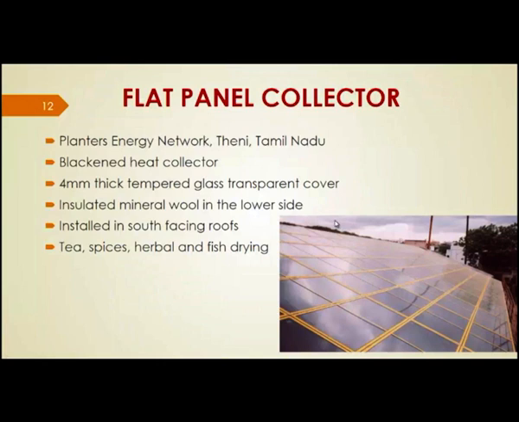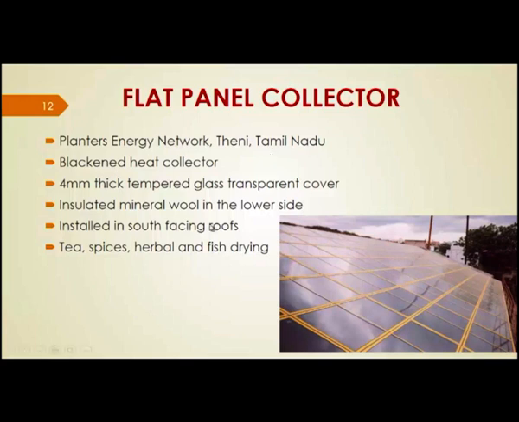Next one is flat panel collectors. Planters Energy Network in Theni, Tamil Nadu, is using these flat panel collectors. It has a blackened heat collector, as black color is a very good absorber of sun radiation. It is covered with a 4 mm thick tempered glass transparent cover, so that it allows the sun to pass through.